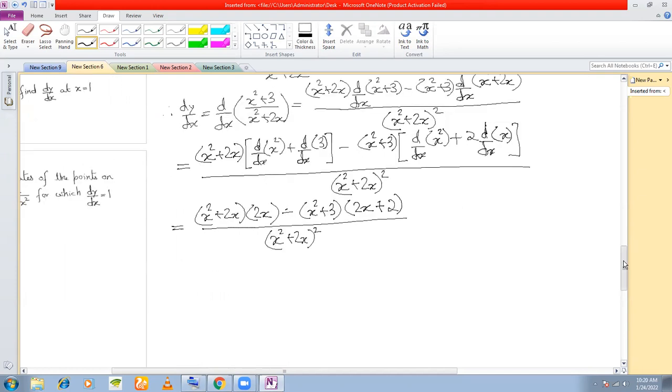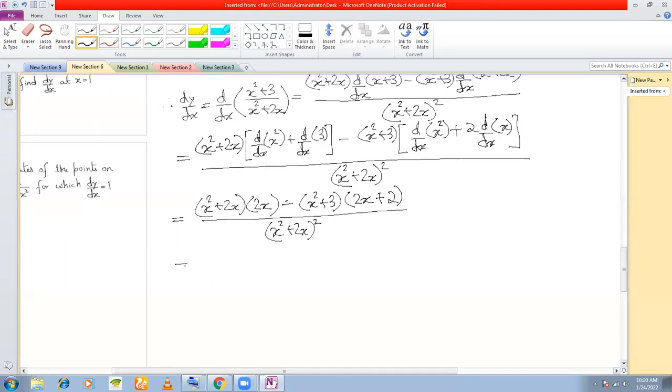Okay. So now you can simplify this a little to get 2x cube plus 4x square minus, and you can multiply these two to get 2x cube plus 2x square plus 6x plus 6 divided by x square plus 2x whole square.